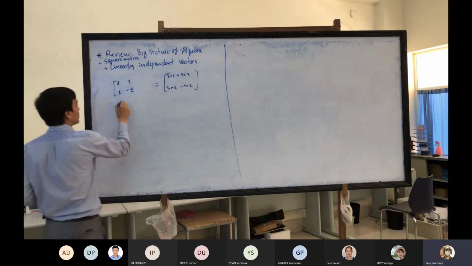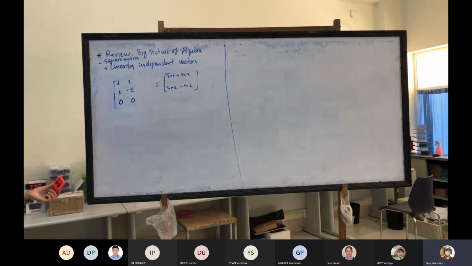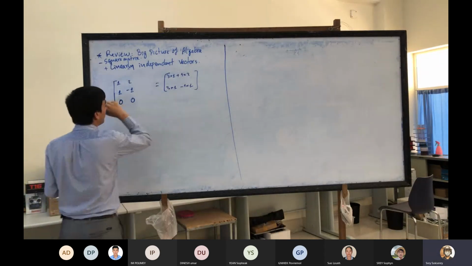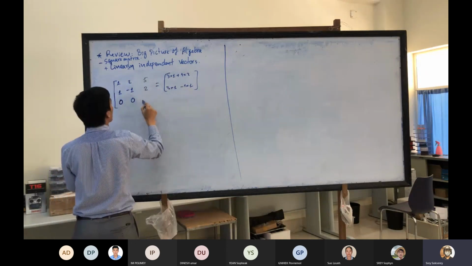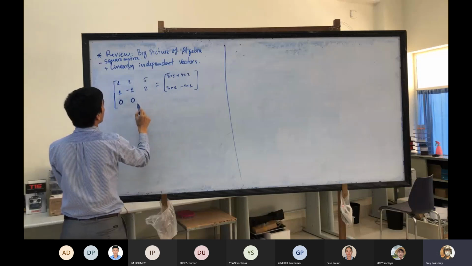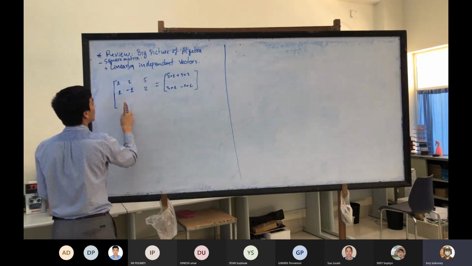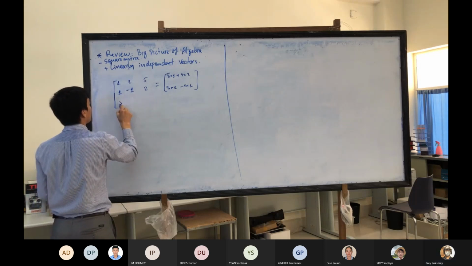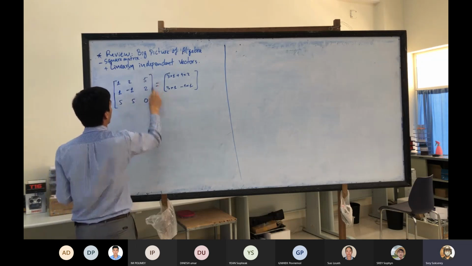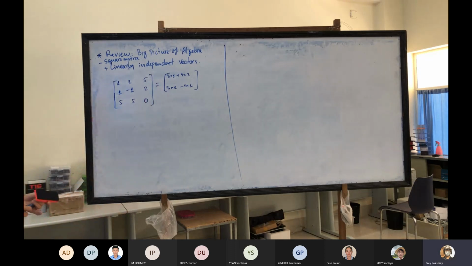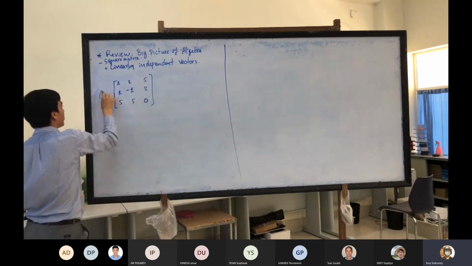I want to talk about three-dimensional vectors, so if I put here 0, and now I have a matrix A. Let's call A equal to this.